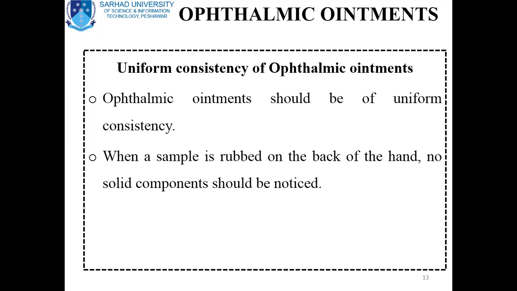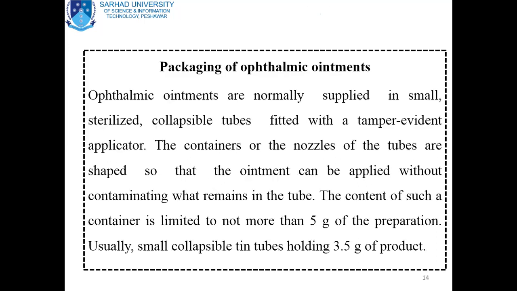If no solid component is noticed, it means that the ophthalmic ointment has uniform consistency throughout the formulation. If a solid component is noticed on the back of the hand after application, it means that uniform consistency is not achieved.